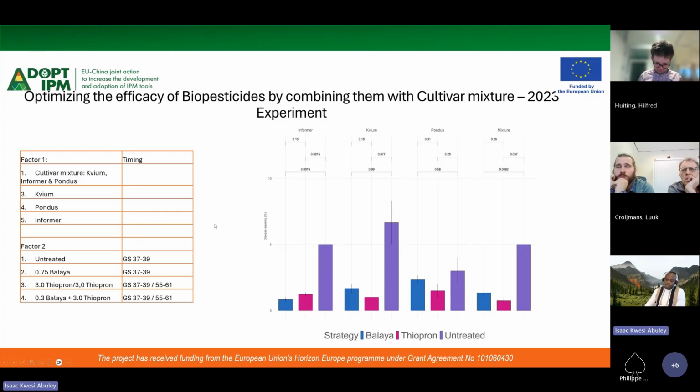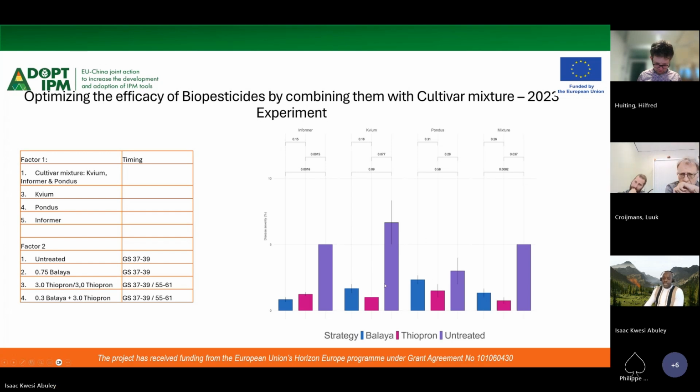Overall, I'm showing just 2 treatments because the last one did not really show any kind of disease. So I'm showing the fungicide reference and the pure biological alternative product, Theoprone. Overall, what we see is that if you are in a mixture, you have an averagely good performance against the disease.